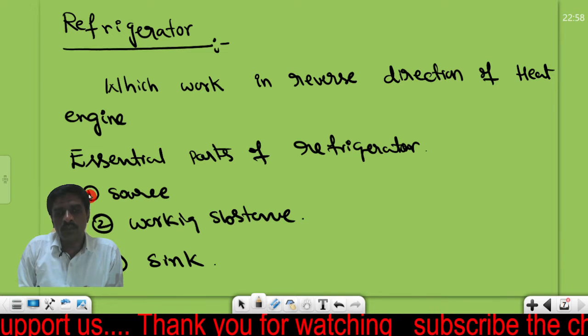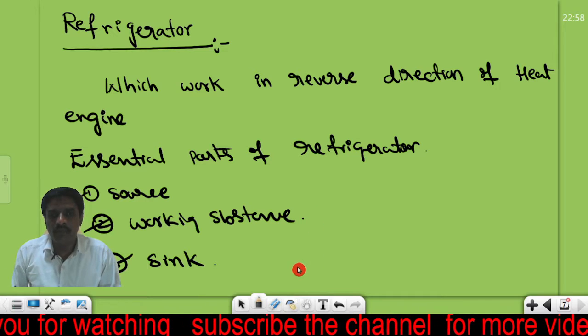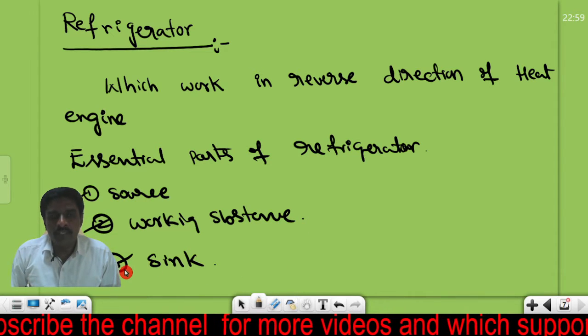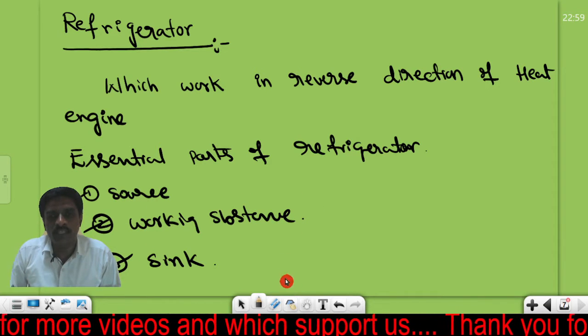I am not explaining the source, sink and working substance here because I already explained them in the heat engine, so you can go through those video lectures and easily understand.